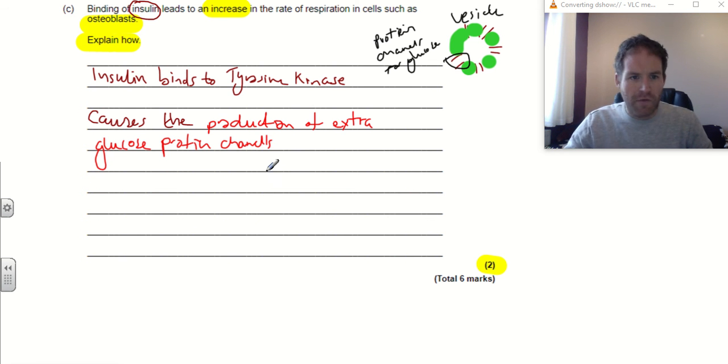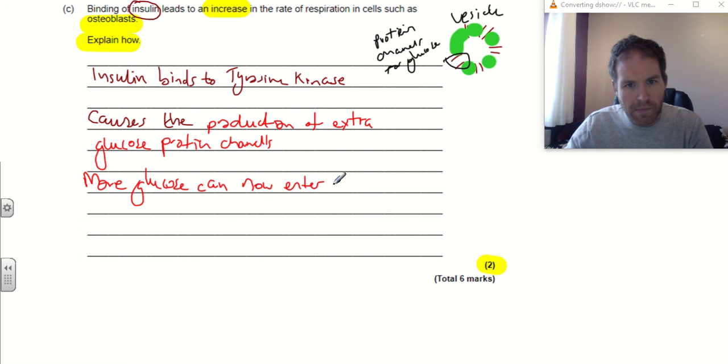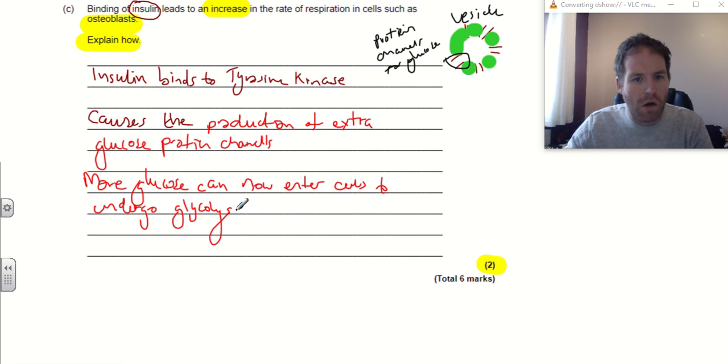If we've got more protein channels, more glucose can now enter cells to undergo glycolysis. I think if we just said for respiration, that would also be okay.